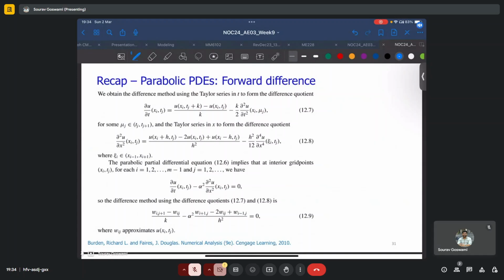And then for the parabolic PDE at all interior grid points, we can have the solution by solving the equation using these two difference coefficients: (W at i,j+1 minus Wi,j) by k minus alpha squared (Wi+1,j minus 2Wi,j plus Wi-1,j) by h squared equals 0, where Wi,j approximates the exact field variable u at xi,tj.